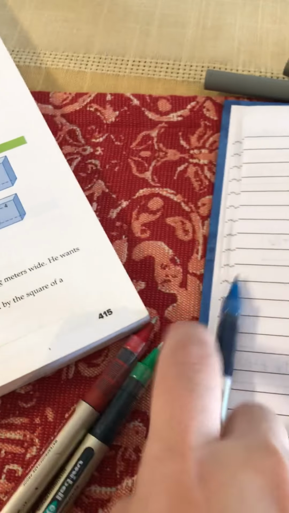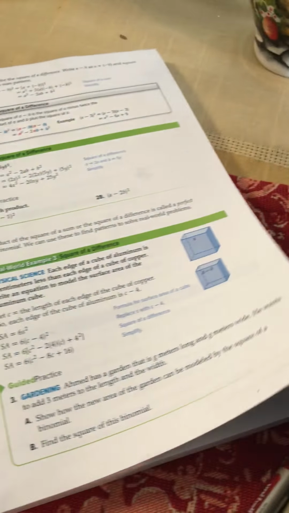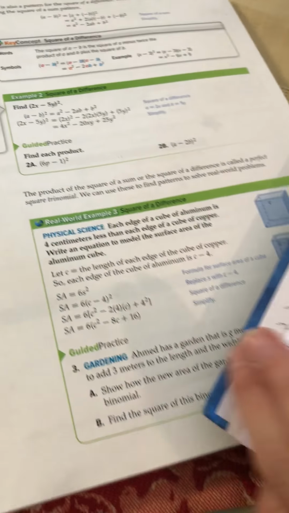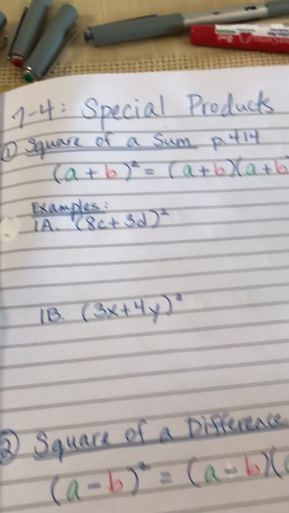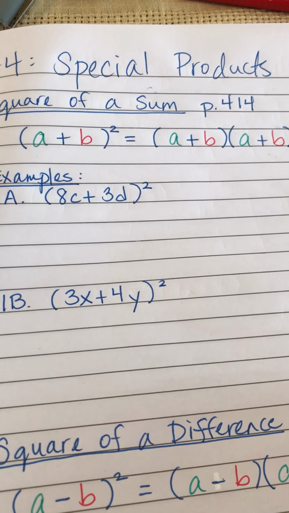And I'm just going to do the guided practice and explain while I go. So first, special type of product, there are three, is called a square of a sum. It's on page 414.